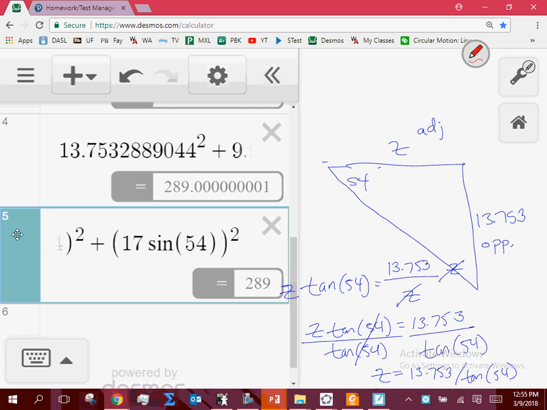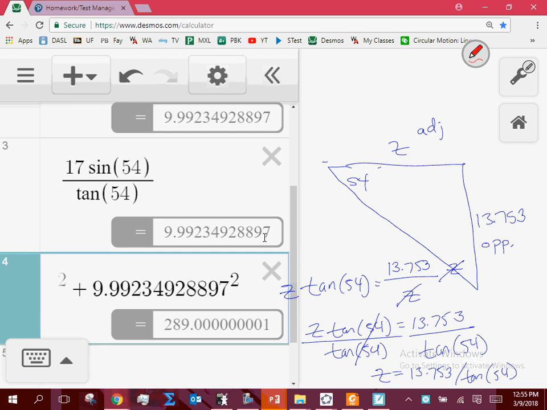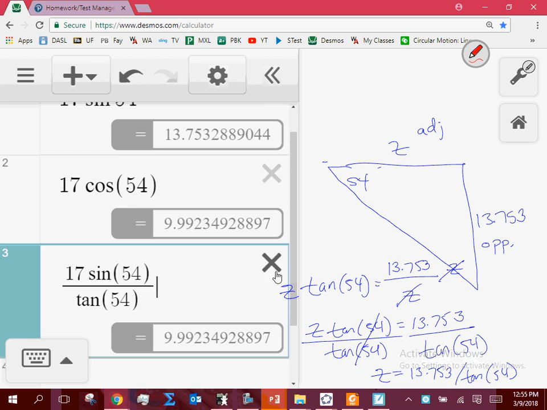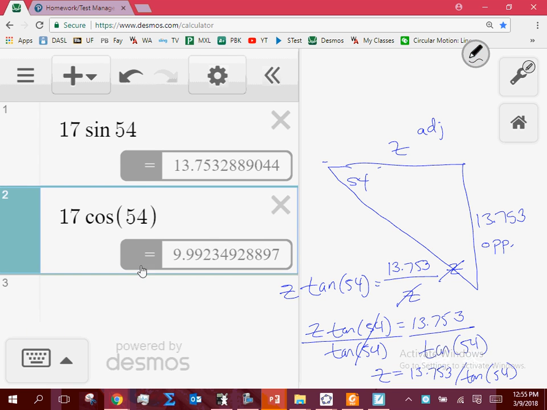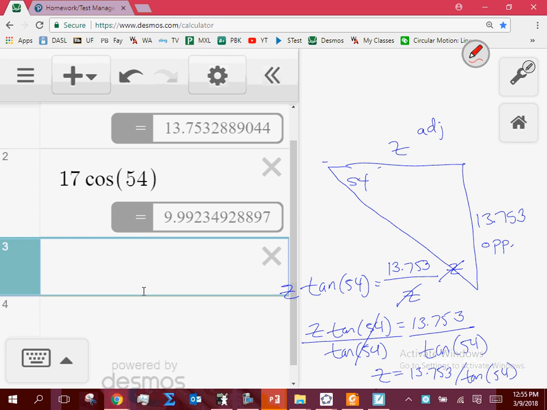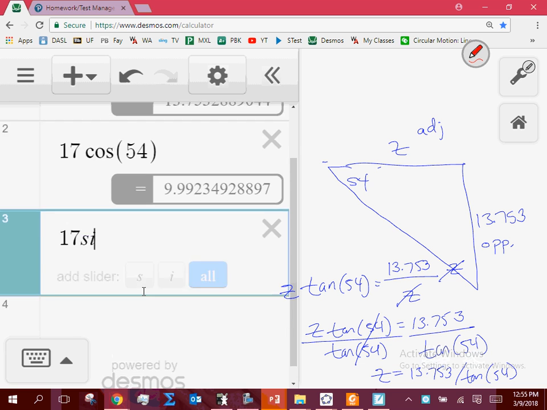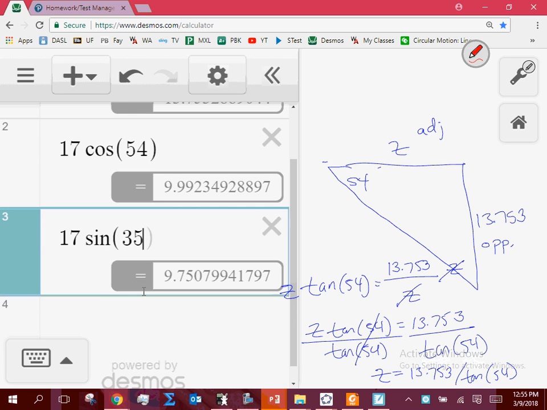Here's another question. Okay, and this will be the last thing before you go to lunch. I found this side to be 17 cosine 54. What if I did 17 sine of 36? Why does that work? Okay, so this 54 and this 36 are complementary angles, right?